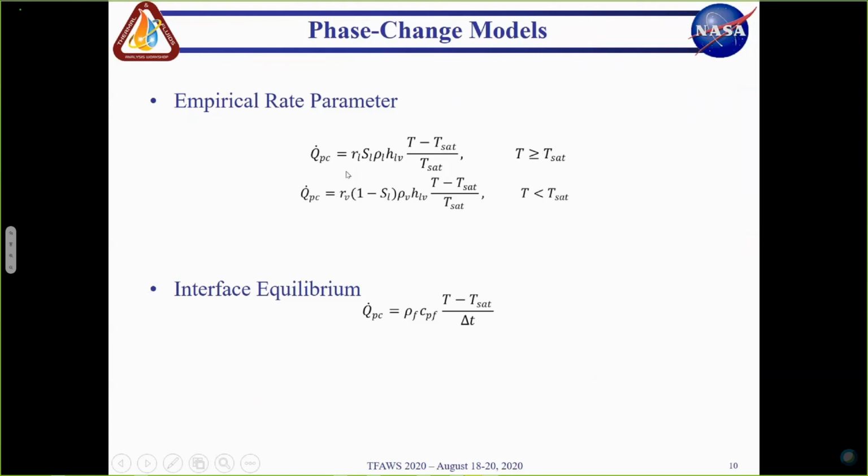In our model, we actually use an if statement where we say that when T is greater than T saturation, then use this equation, which is QPC. It's actually the Lee model. Else, if T is less than saturation temperature, use this equation for the condensation. So that's how our code does the phase change.